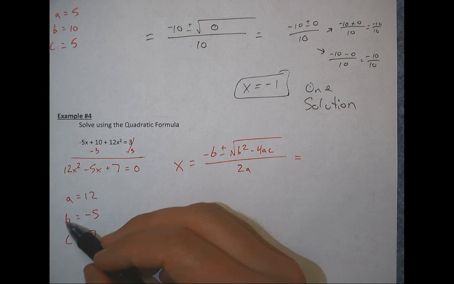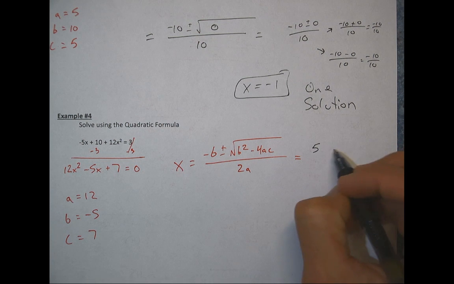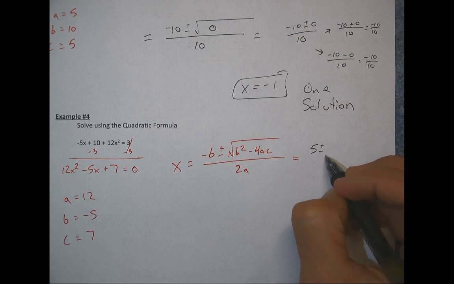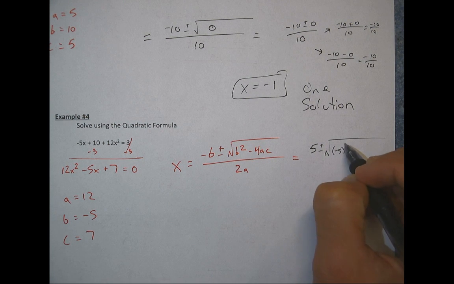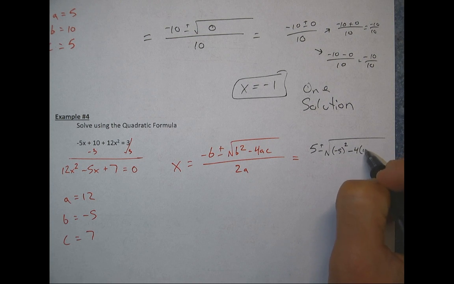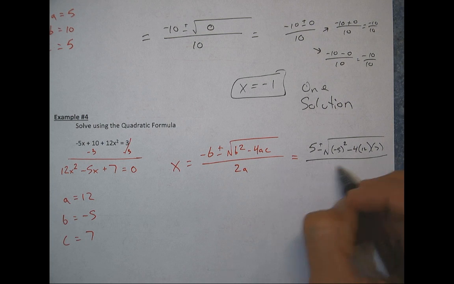So negative b. b is already negative, so a negative negative 5 becomes a positive 5, plus or minus b squared, so negative 5 squared, minus 4 times 12 times 7. And on the bottom, it's 2 times a, so 2 times 12.